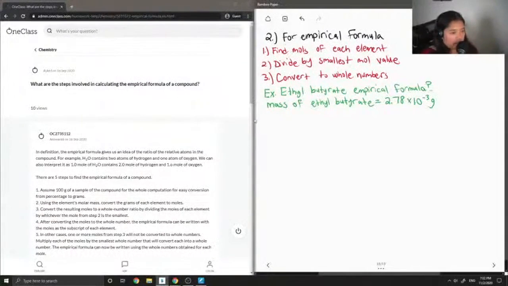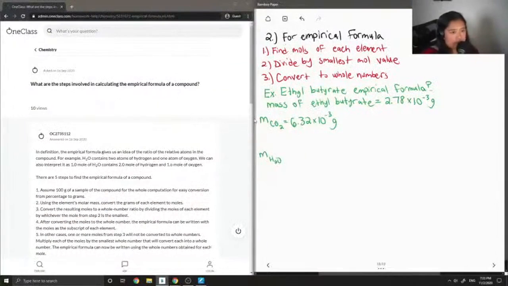And they'll give you the mass of carbon dioxide and also the mass of water. Let's say the mass of carbon dioxide was equal to 6.32 times 10 to the negative 3 grams.